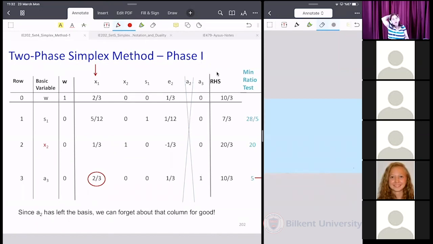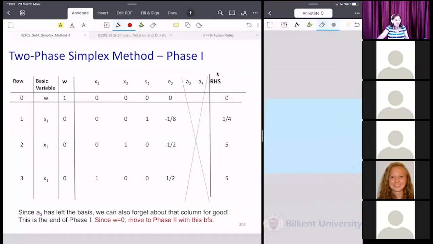Be careful, there are no M's or anything, so they're just numbers that we already used. So x1 is entering. If you do the ratio test, A3 is the winner, so A3 will be our leaving variable. x1 enters, A3 leaves. So I need a 0, 0, 0, 1 here because that's what its column is going to replace. And here is my next simplex table.